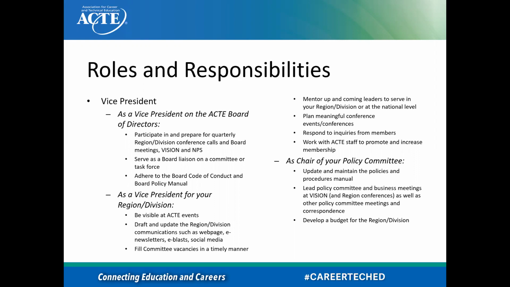Those would include content at Vision as well as regional conferences if you're a region vice president, responding to inquiries from members, and of course, working to promote membership within your region or your division. The third is serving as a chair of your policy committee, making sure all the policies for your region or division are up to date, leading the governance of your policy committee meetings, and overseeing the budget for your region or division.